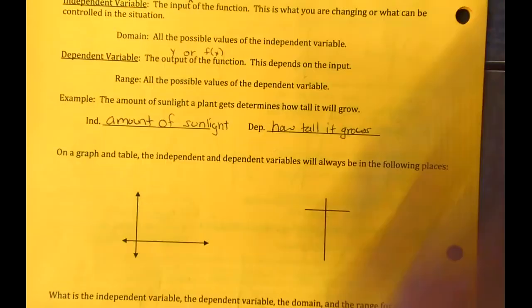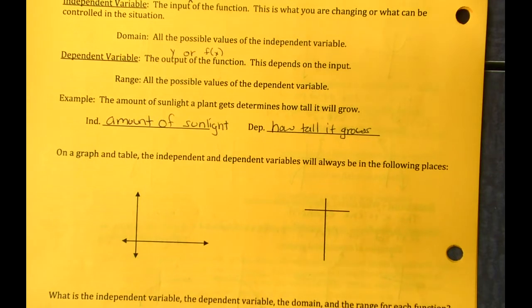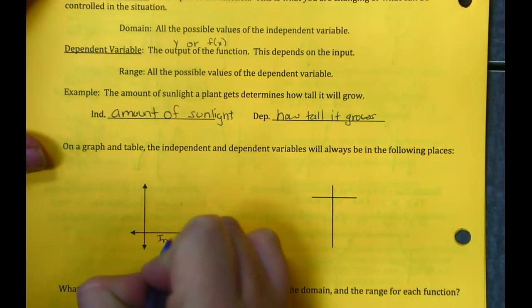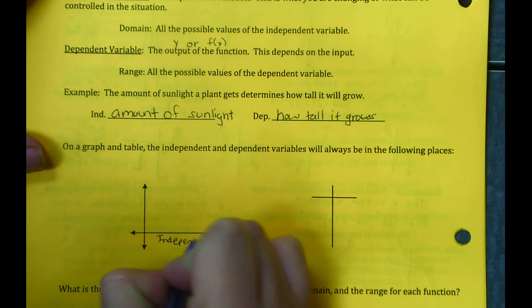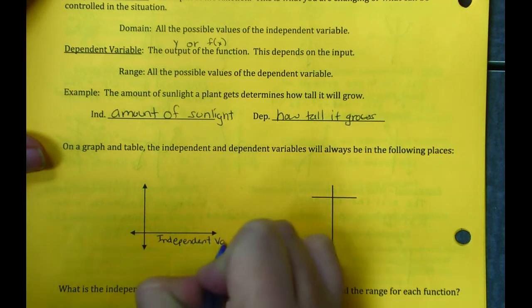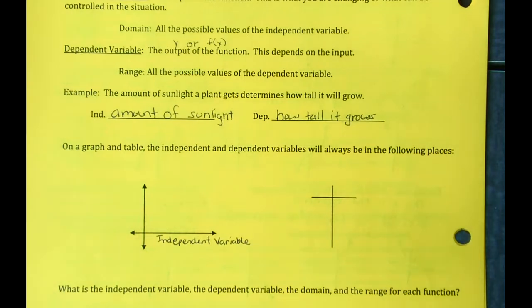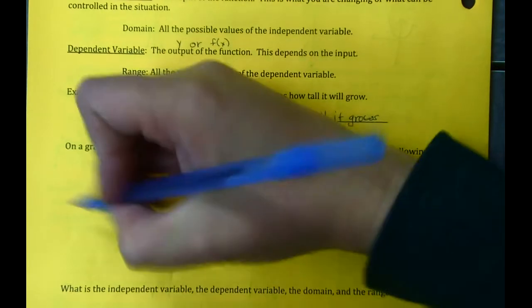If you're looking at a graph or a table, the independent and dependent variables will always be in the following places. The independent variable is always the x-axis. And the dependent variable is always the y-axis.